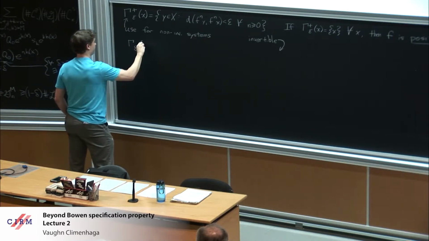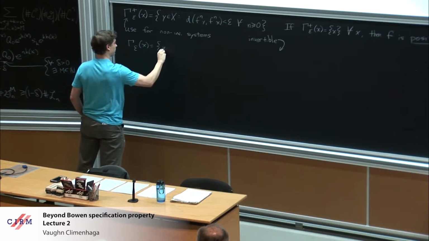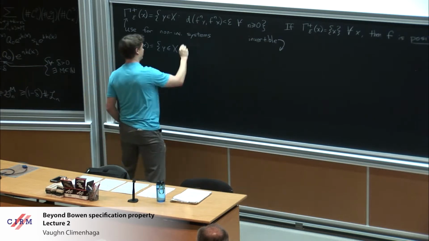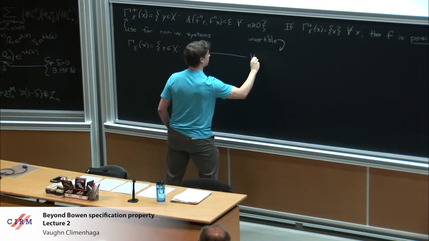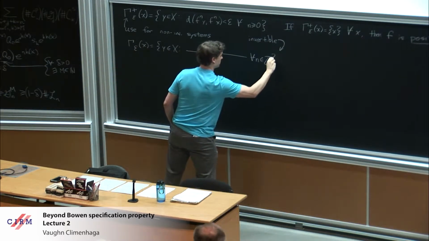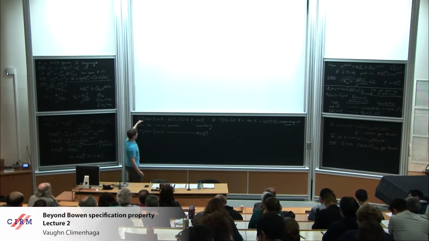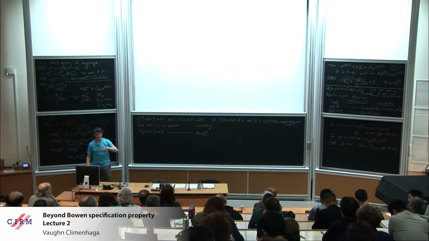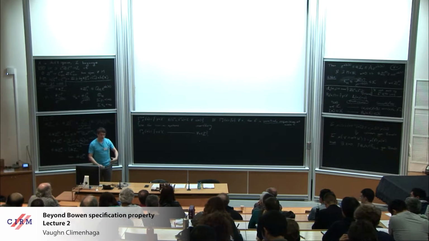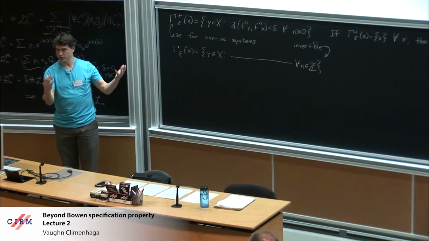You should use the two-sided infinite Bowen ball, which is the set of all points x for which this same thing holds in both forward and backward time. And of course, if I make the same definition but with n less than or equal to 0, then I get gamma epsilon minus, which for a hyperbolic set is the local unstable, and the intersection of those is a single point.